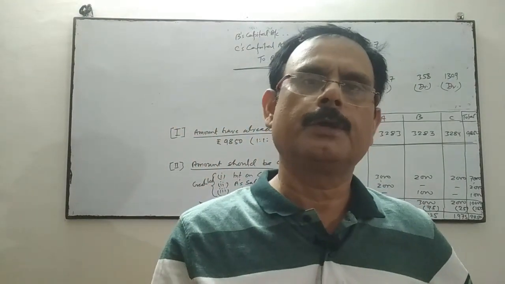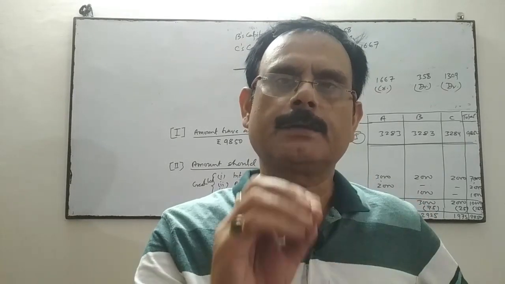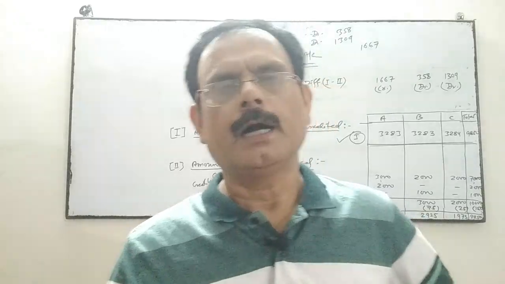So this way, we will adjust the effect of the previous errors committed by the firm's accountant. Rather than change or alter the profit and loss account or profit and loss appropriation account, it is advisable to pass an adjusting entry.